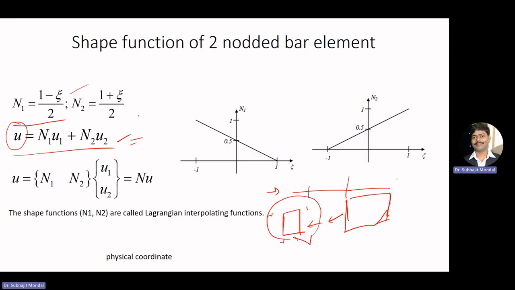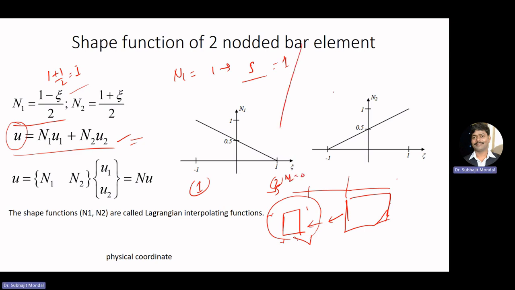And here you can see, n1 will be 1 when we measure at node 1. At node 1 the value of xi is equal to minus 1, and at node 2 the value of xi is equal to plus 1. So you just write (1 minus (minus 1))/2, which is equal to 1. So the value of the shape function will be 1 at node 1, and at the same time the value of n2 will be 0 at node 1.